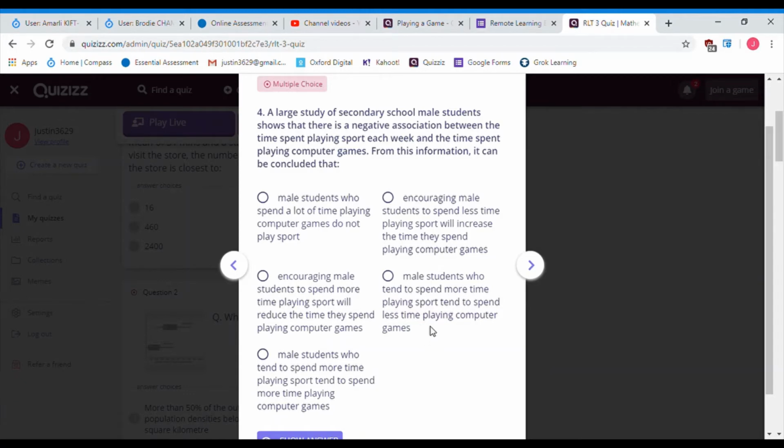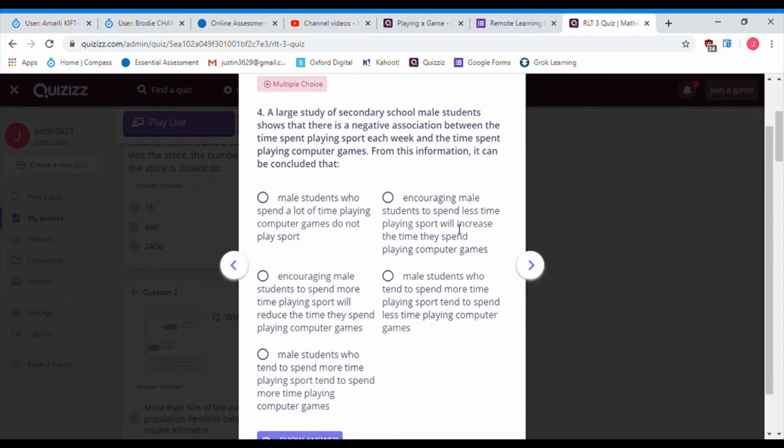The next one is the fact that it is only an association. If you look at this one, encouraging male students to spend less time playing sport will increase the time they spend playing computer games. This is just an association. The word will indicates that it's a guarantee. What happens if you have an outlier?